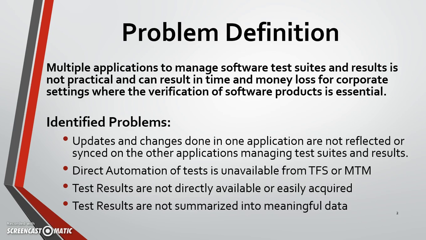Every time they need to check a result or they need to update a test case, they need to go to multiple applications in order to do that, and that costs a lot of time. So that's the main problem that we identified.